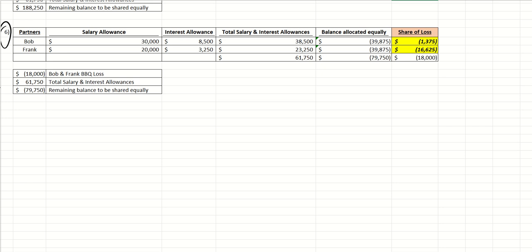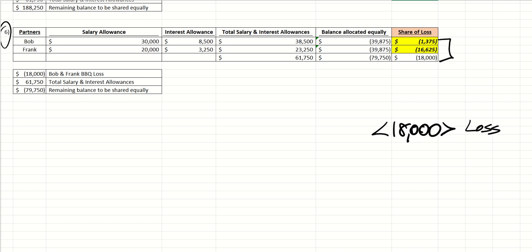So I'm going to put the loss over here, 18,000. This indicates that this is the loss that the company generated, and we need to allocate the full loss amongst Bob and Frank. Out of 18,000, based on number 6, how much of the loss is going to go towards Bob? How much is going to go towards Frank? Yes, you can see the answer is already here.